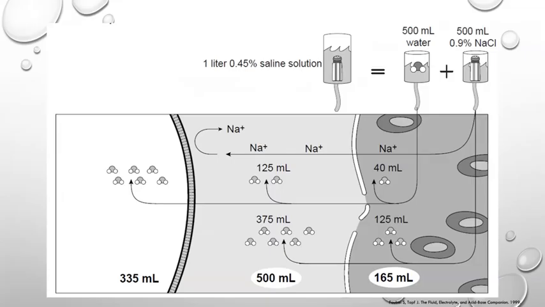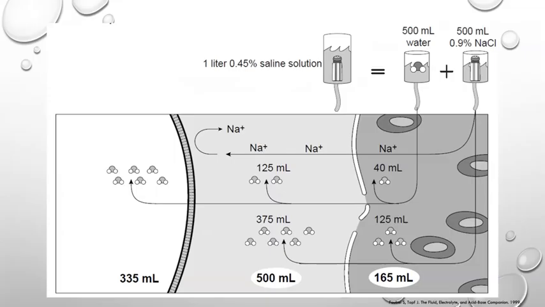So the first 500 mL of the bag, which is sodium and water, goes into the plasma. Remember that sodium can cross the capillary wall, but not the cell membrane. This means that all the sodium will stay in the extracellular fluid. And because water follows solute, it too stays in the extracellular fluid.